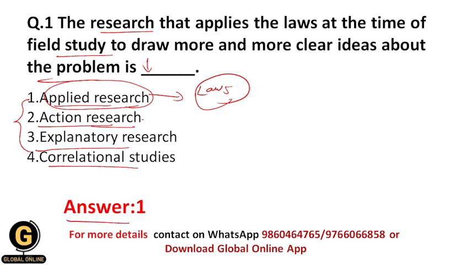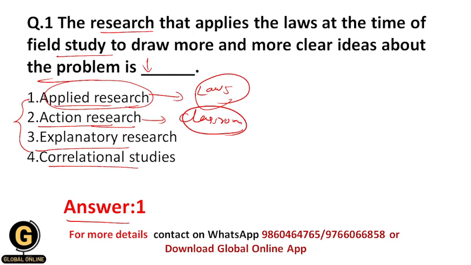Action research is again a type of research in which we solve immediate problems, but here we don't apply the laws to our problems. This is the big difference between action research and applied research. That's why action research is specifically implemented in the classroom environment, or in the teaching and learning processes.